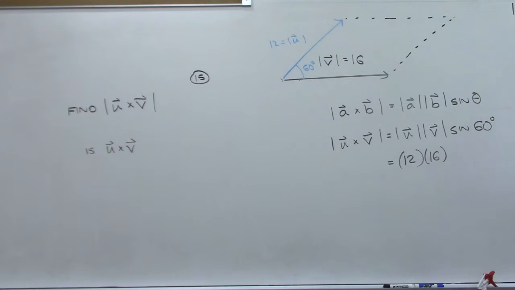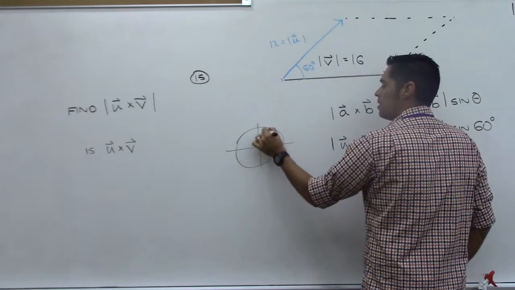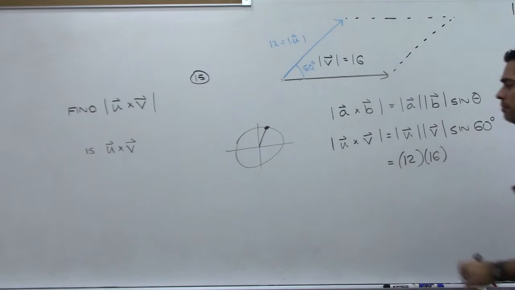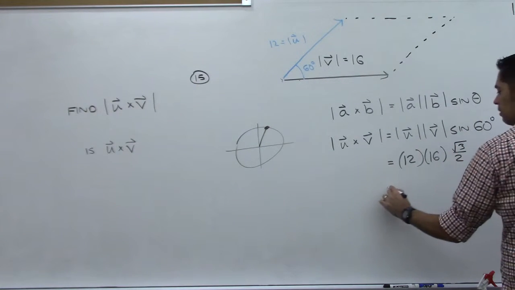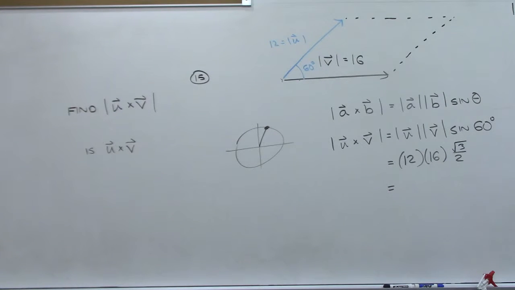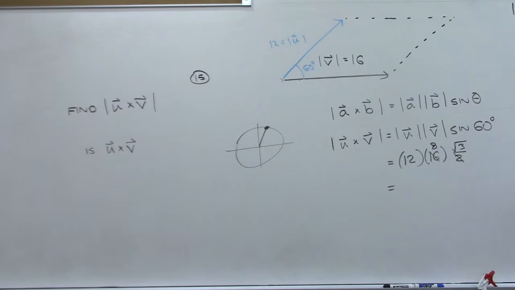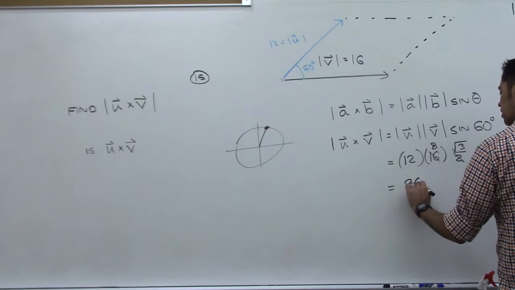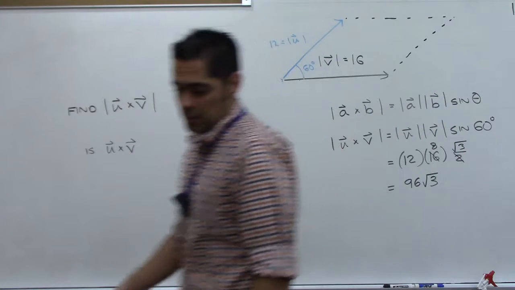And sine of 60 degrees off your unit circle, sine is the y-coordinate, which is √3/2. I'll just reduce one of these and make that an 8. So 12 times 8 is 96. So 96 times √3. There's your magnitude.